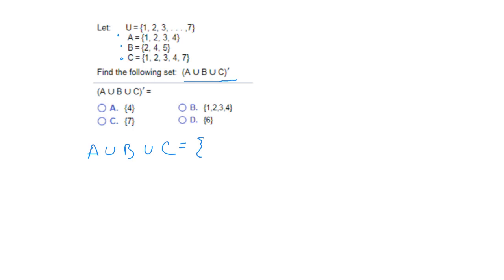So when we unite those sets, we end up with 1, 2, 3, 4, 5, and 7.